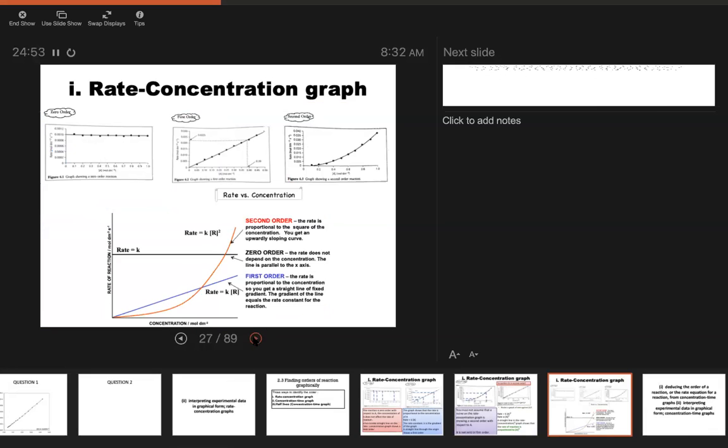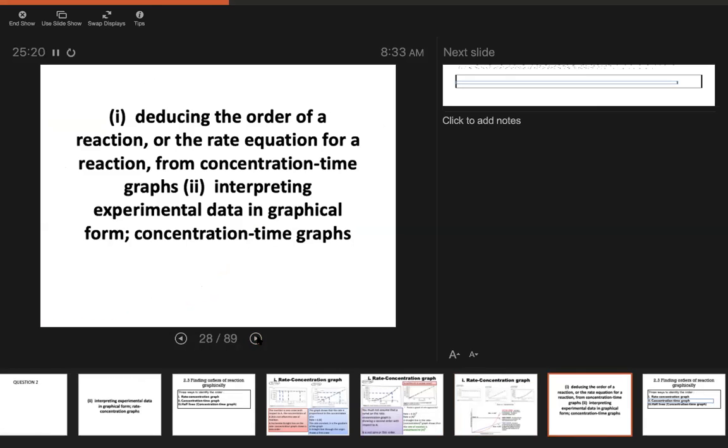Now, this graph, you don't have it in your notes, which is fine, you don't need it, because it's exactly the same as the one above. Straight line is zero order, the red curve is second order, and the blue increasing line is first order. So I'm just going to go through that quickly.